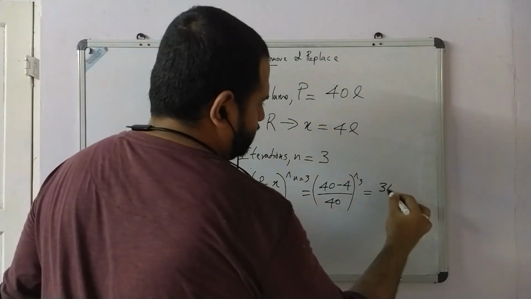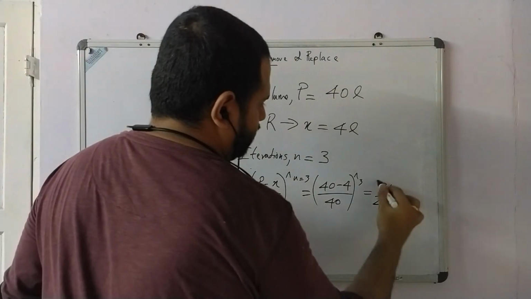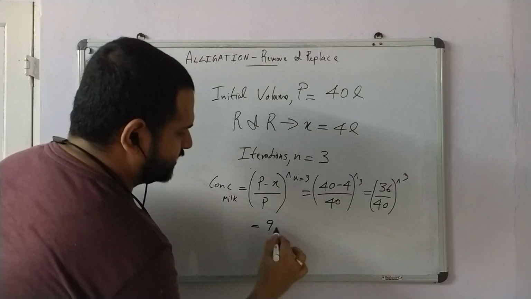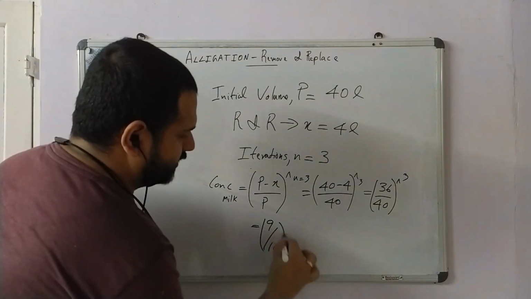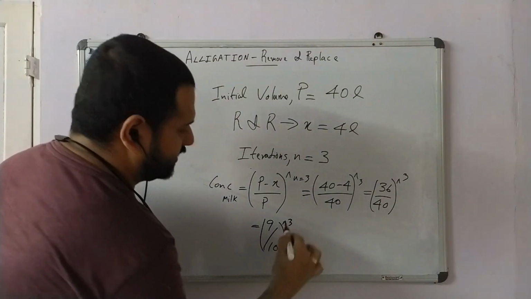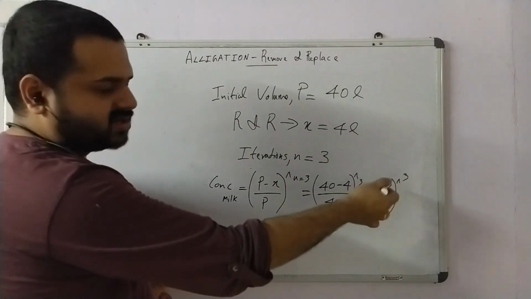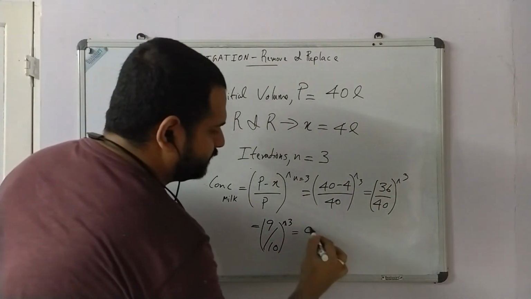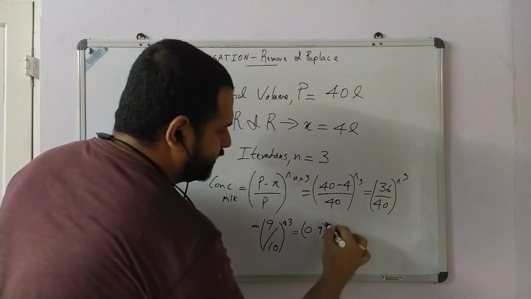Which is equal to 36 by 40 the whole raised to 3. I can also write that as 9 by 10 the whole raised to 3, right? Because taking 4 as the common factor, you'll get 9 by 10, correct? Which is 0.9 raised to 3.